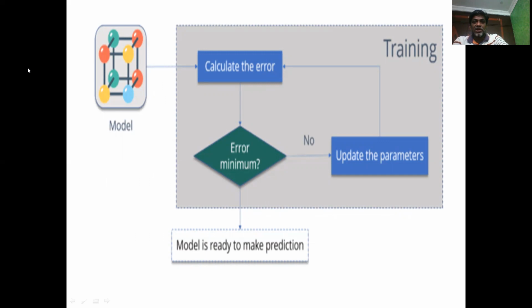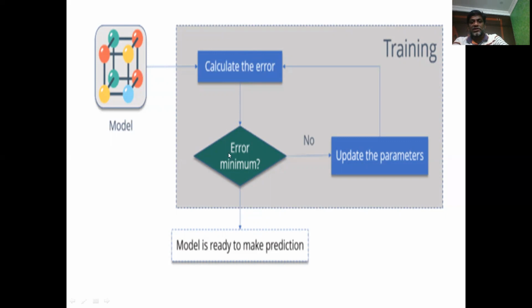In general, assume that this is our neural network model which we are building. With the initial weights assigned to the connections between neurons, we calculate the error term by comparing the response of this model with the desired response for the corresponding inputs.